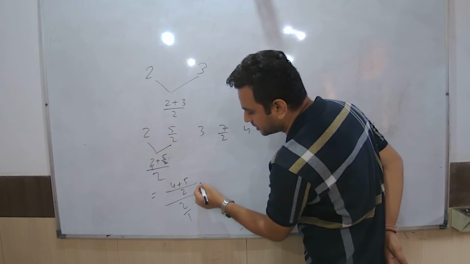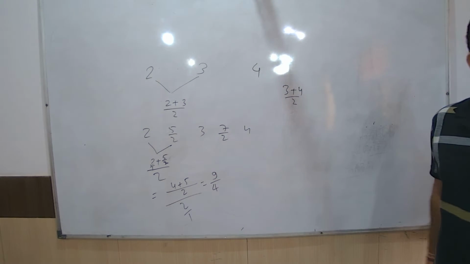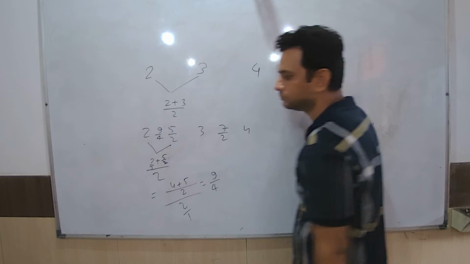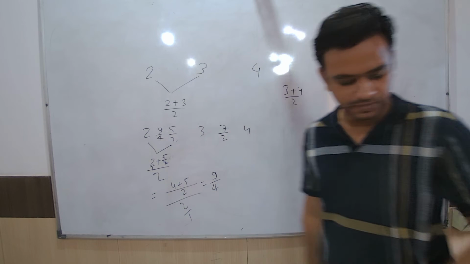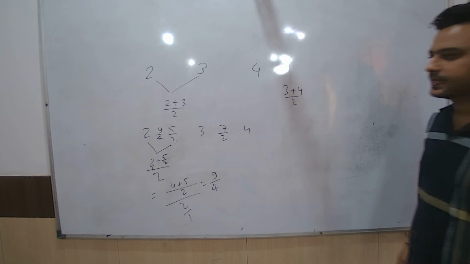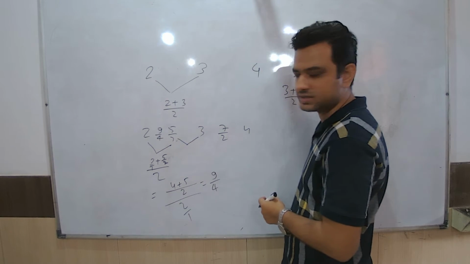So 2 कहाँ पे आएगा? This will be 9 by 4 only. Got it? ठीक है, तो यहाँ पे 9 by 4 आएगा. Okay, so it will be more than 2 and less than 5 by 2. Got it? Okay. Now again I want one more number, so I can take the average here.